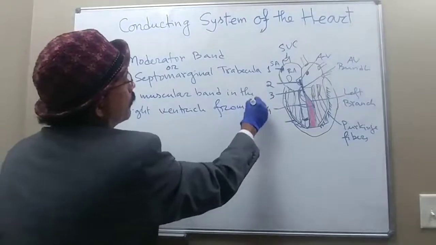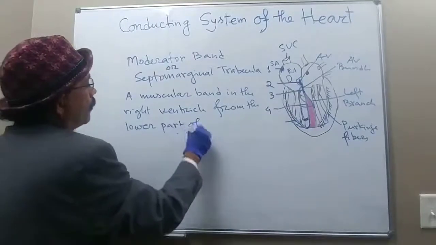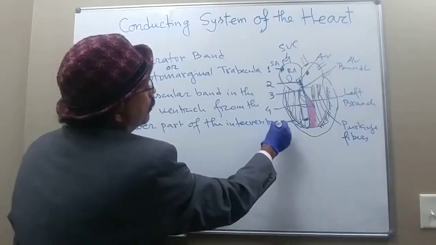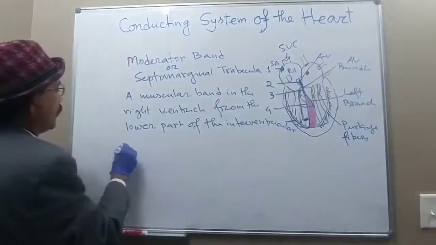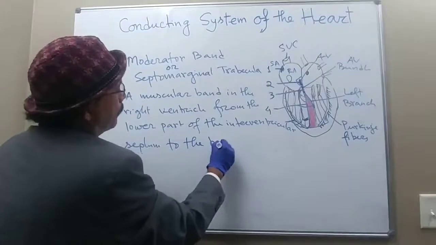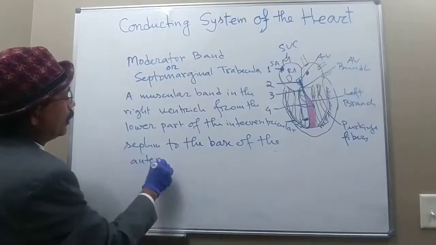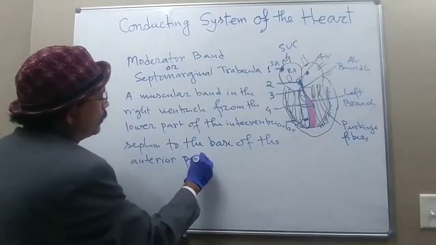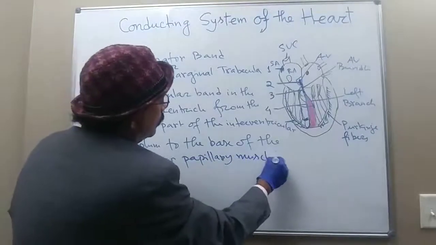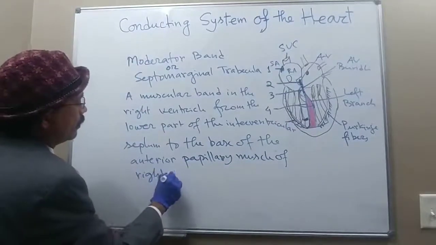From the lower part of the interventricular septum, to the base of the anterior papillary muscle of right ventricle.